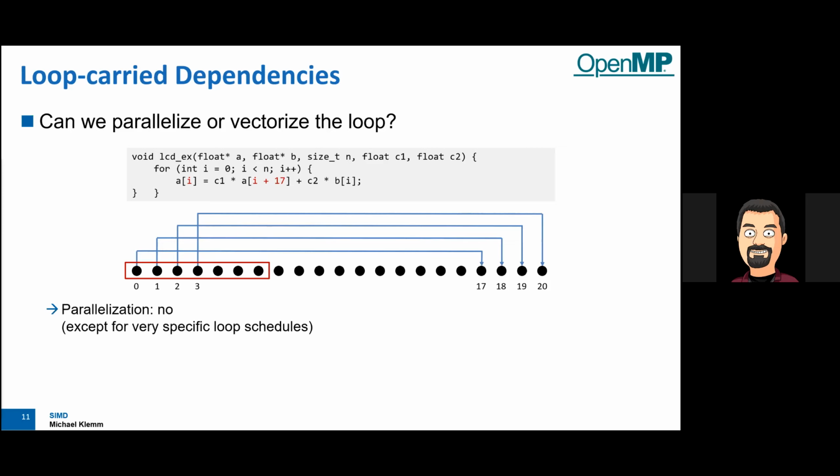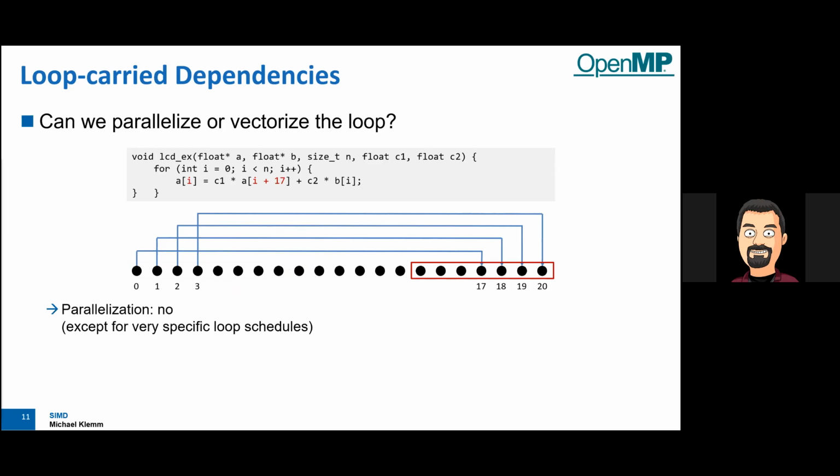You process the first 7 elements of your loop in a SIMD register, and then for the next iteration, you process the next 7 elements or loop iterations of that loop. And then you process the next 7 elements.